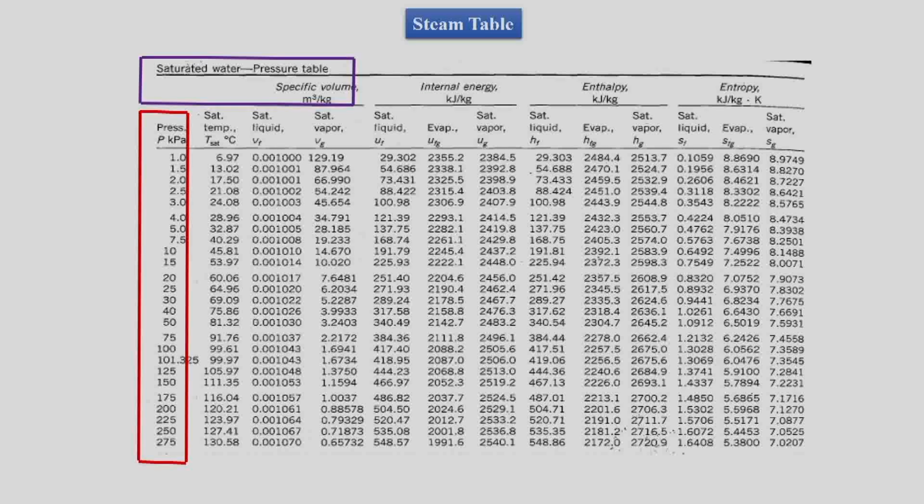We can use a particular saturation pressure and estimate the same quantities: specific volume, internal energy, enthalpy and entropy. Thus we can find all the corners of the Rankine cycle using the steam table.